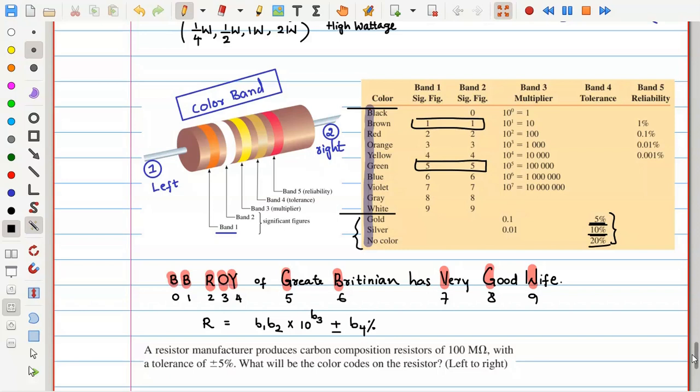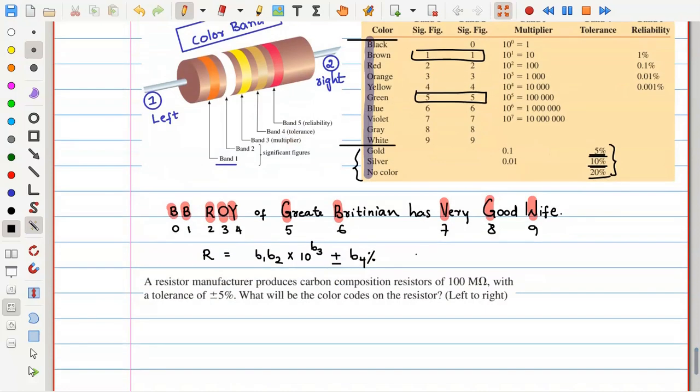Now let us see what will be the resistance of this resistor. Observe what pattern we are following. What is band 1? Orange. What number does orange represent? 3. Next, white? 9. This 3 and 9 are band 1 and band 2, side by side.